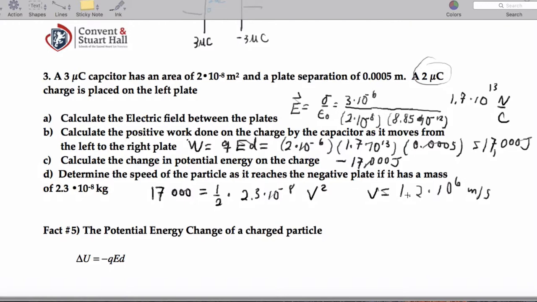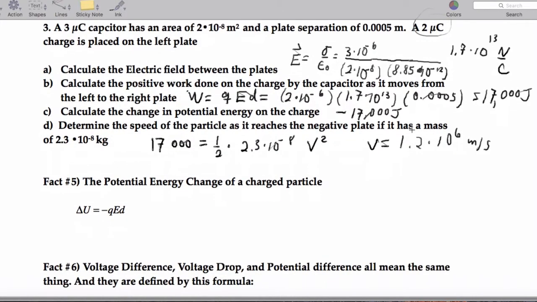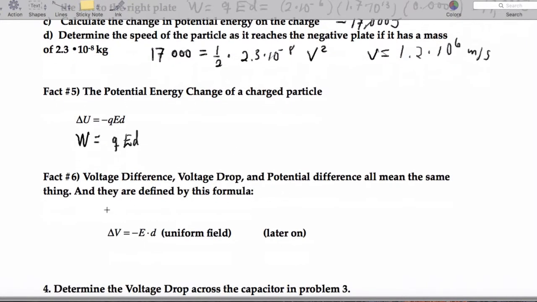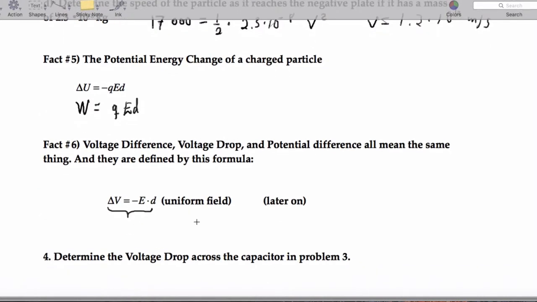Now, we want to find, so again, the potential energy of a charged particle is negative QED, whereas the work on it is positive QED. So what we're going to do here is define a quantity called the potential difference, where you take the electric field times the distance between your capacitor plates.